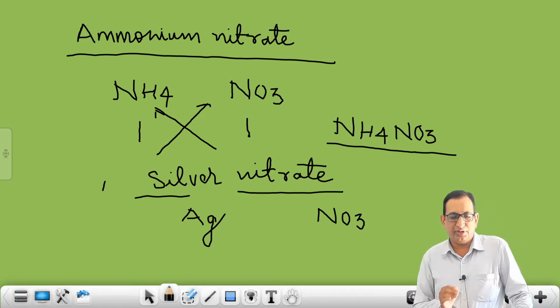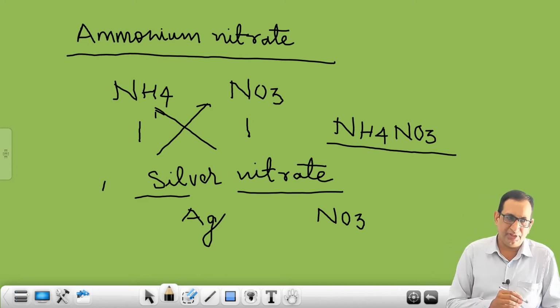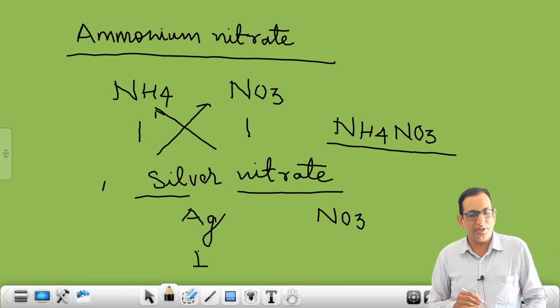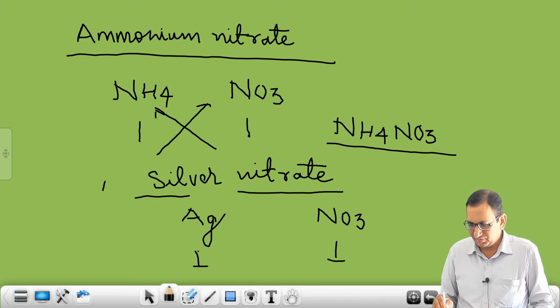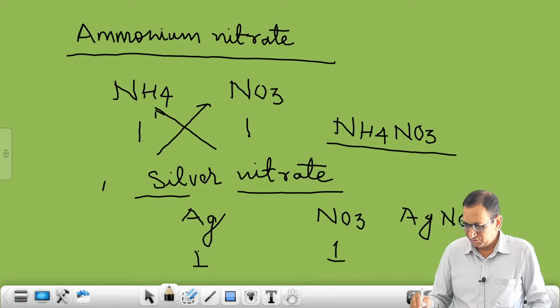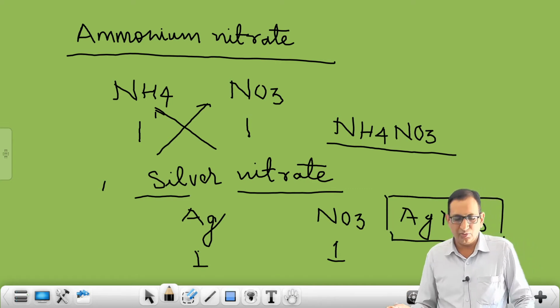So Ag for silver and NO3 for nitrate. The valency of silver here is +1, and the valency of nitrate is also 1. So it is AgNO3. The formula for silver nitrate is AgNO3.